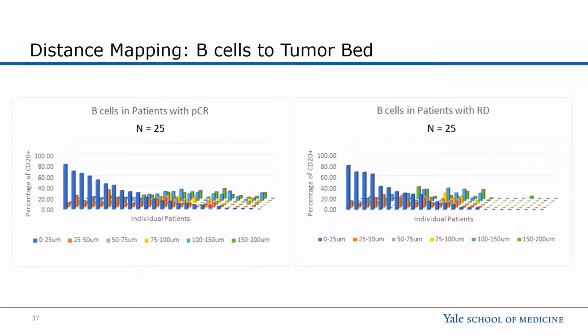As you can see in both the PCR patients, who had no residual disease, and the patients who had residual disease, the highest percentage of immune cells are the ones within 25 microns of the actual tumor bed. And what's interesting is that if you compare the PCR with the RD, we can very nicely see that we have a lot fewer B cells in the patients with residual disease compared to those that had a very nice response to the cancer treatment.